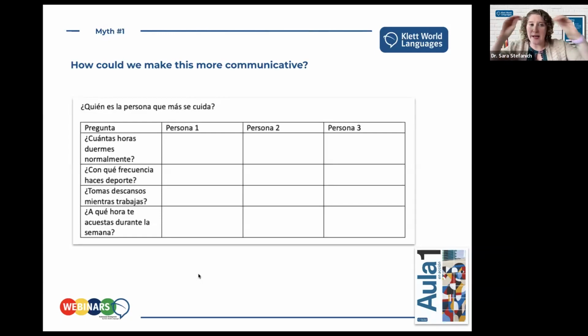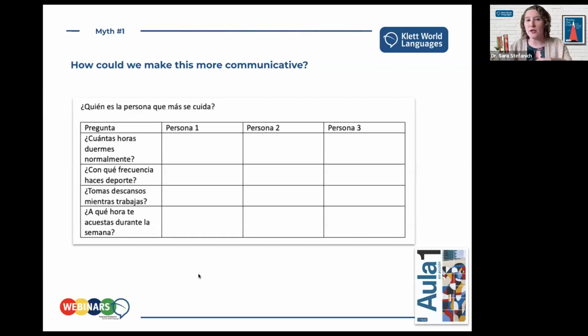But what we see here is different. Again, we've got that guiding question on top. This one is saying, who is the person that most engages in self-care? And our students are still going to be walking around the classroom, talking to each other, interviewing their classmates. But the questions here aren't yes/no questions, and it's eliciting information from their classmates. So instead of just saying, yes, I do that, or no, I don't do that, it's asking them, well, how many hours do you sleep?